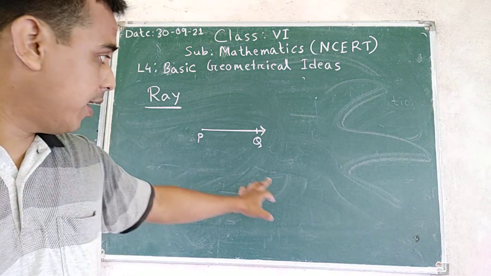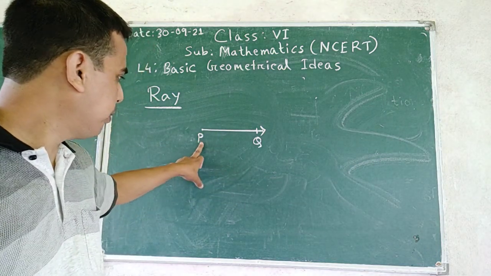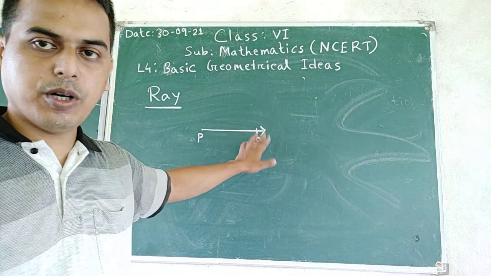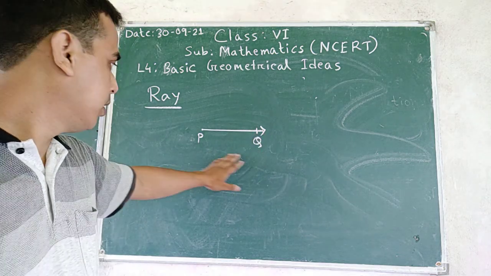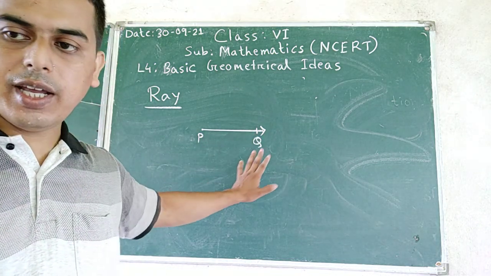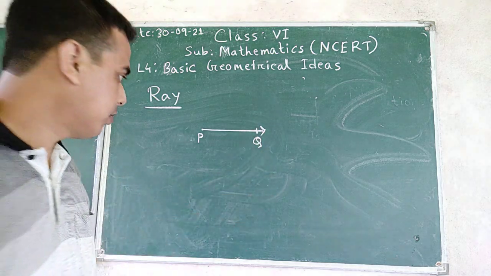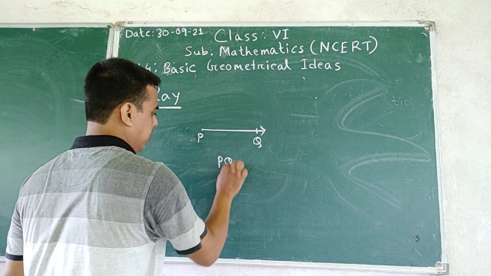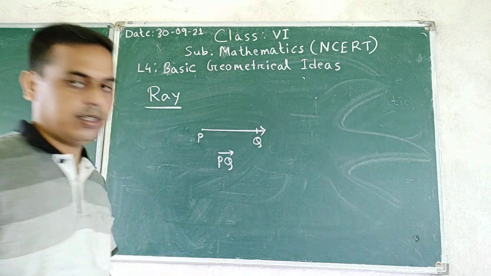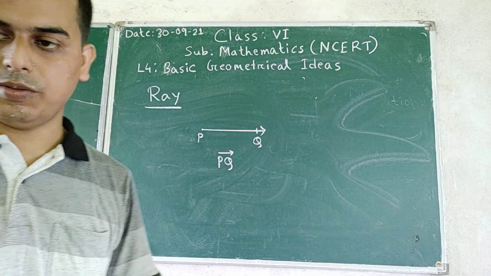Here the endpoint is P, and I have taken just a point on the other side to show you, Q. So this will be ray PQ. It will be represented like this, ray PQ.